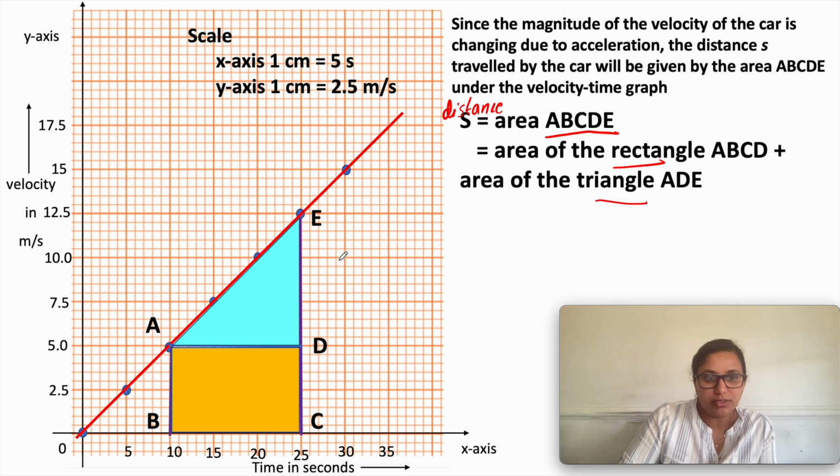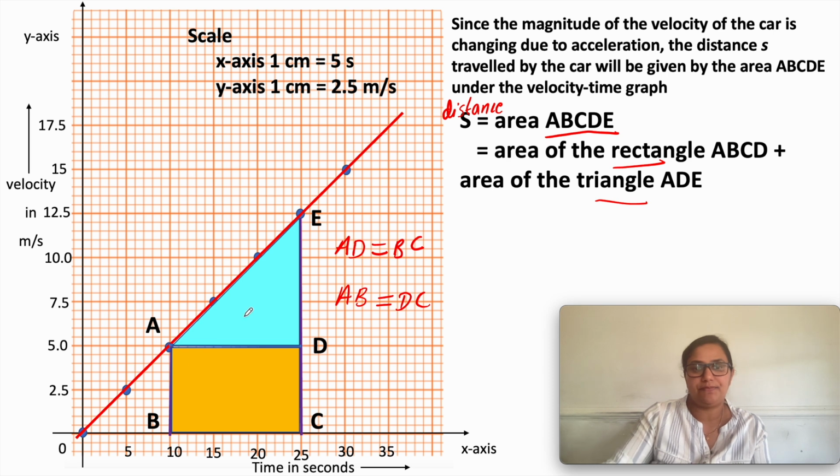You must also know that AD is equal to BC and AB is equal to DC.